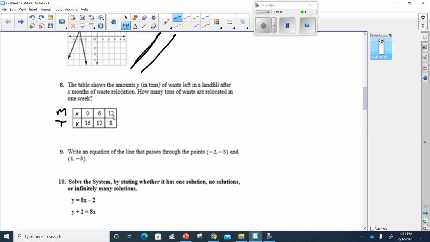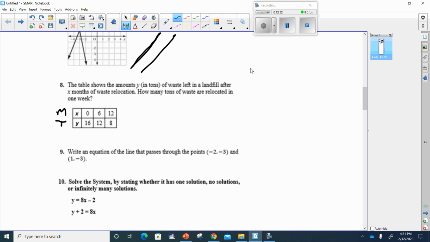So I would go ahead and take whatever we found for 1 month and then divide it by 4. Let's go ahead and look at this. We're going to find the slope first.